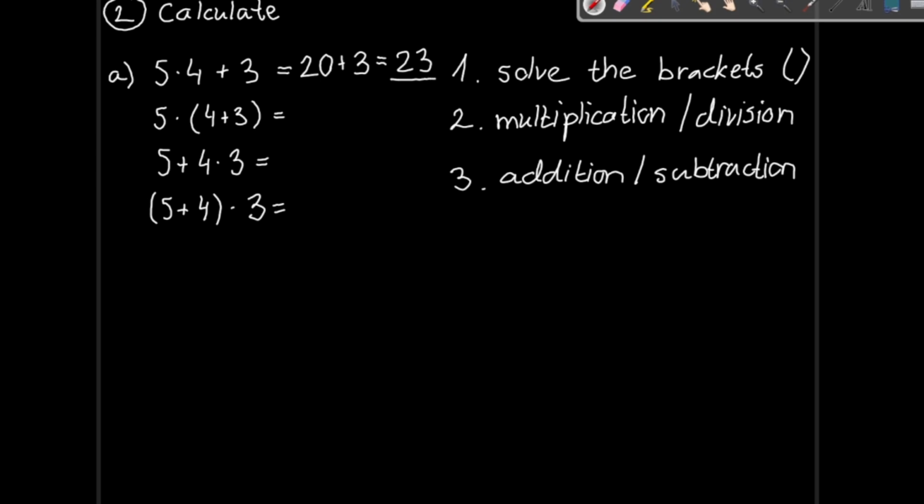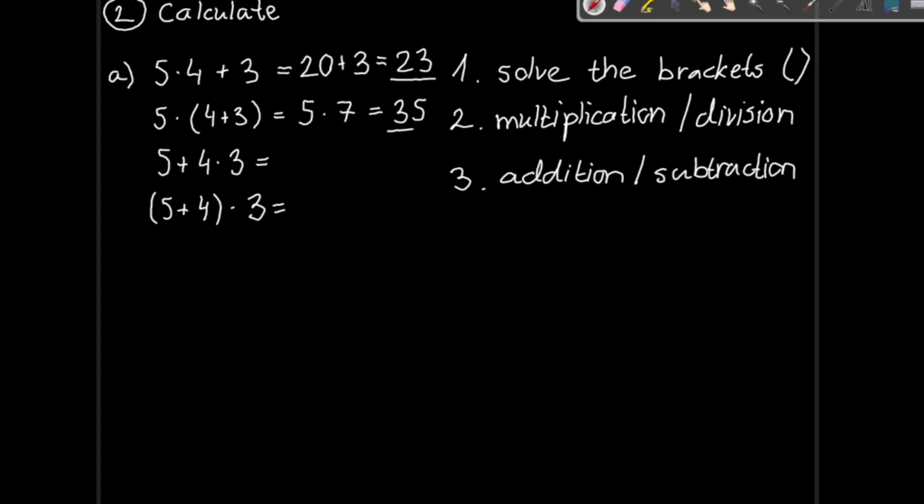Now in the second case, we need to do the brackets first. So we need to add 4 and 3 together. That gives us 7. That's under the brackets, but we don't need to write the brackets here anymore. So now we do the multiplication.